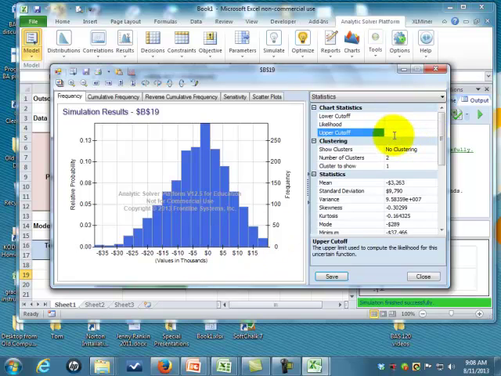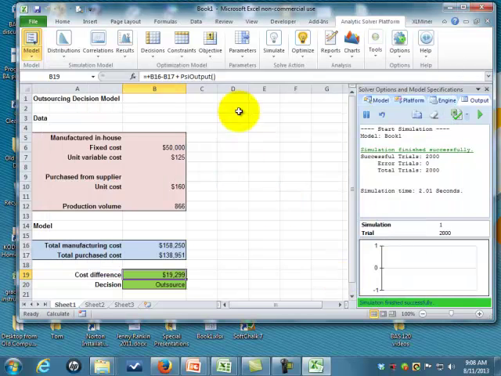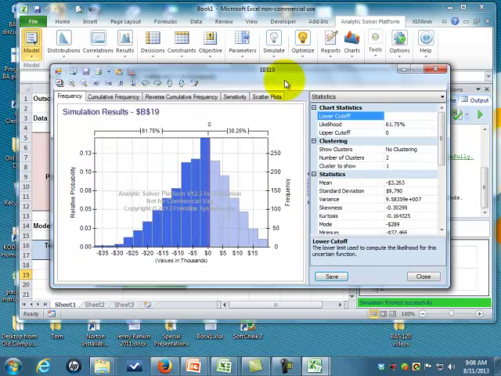So if we put in here a lower cutoff of 0, because that's what we're deciding, and now we say simulate, run once, notice now it color codes it for us, and it also gives us these percentages up here. So when we run the simulation, 61% or 62% of the time, it makes sense because our costs will be lower for us to manufacture, and only 38% of the time does it make sense to outsource. And we've run this scenario 2,000 times, I think.